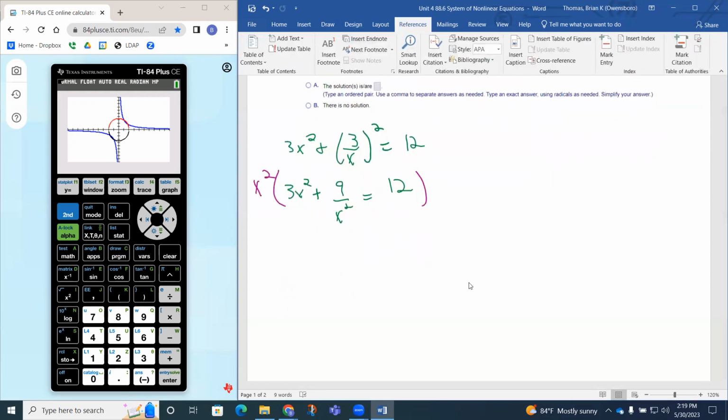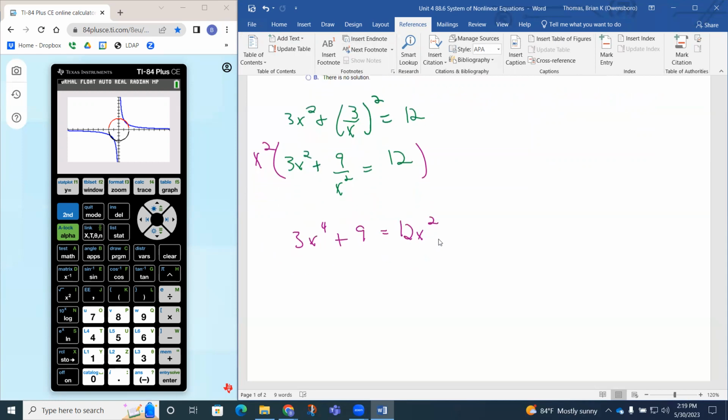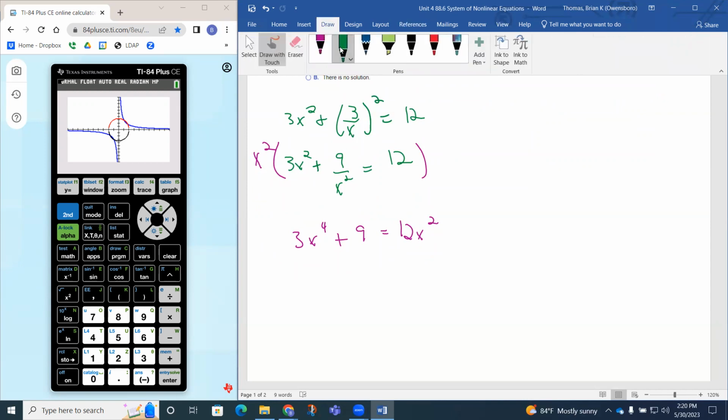So this becomes 3x to the 4th plus 9, because the x squareds divide out, and that's going to equal 12x squared. So I can set this to 0 now, like a quadratic: 3x to the 4th minus 12x squared plus 9 equals 0.